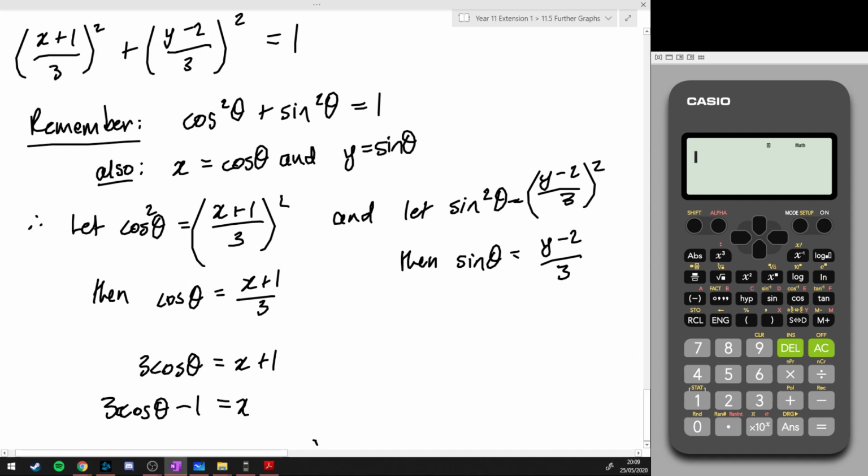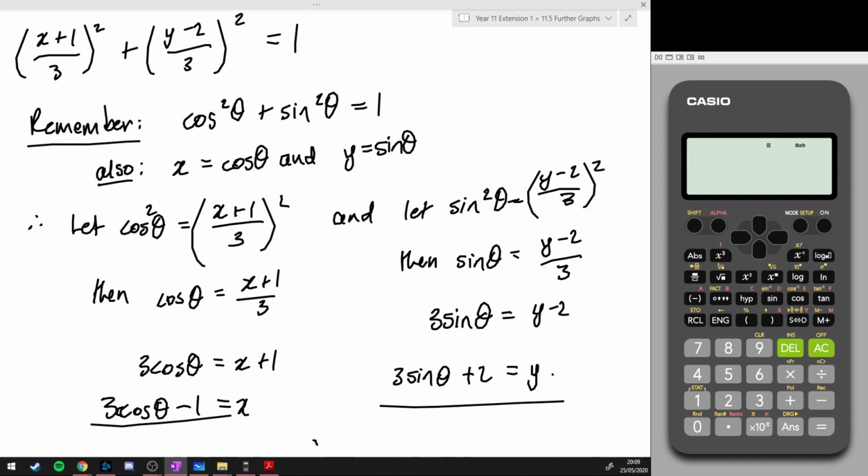On the right-hand side, rearranging as well, we get 3 sine theta is equal to y minus 2, and so 3 sine theta plus 2 is equal to y. Therefore our parametric equations are x is equal to 3 cos theta minus 1 and y is equal to 3 sine theta plus 2. That one was just reverse engineering, and that is the last part that we need to do.